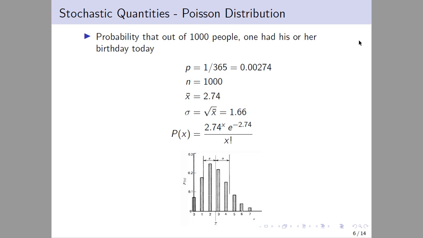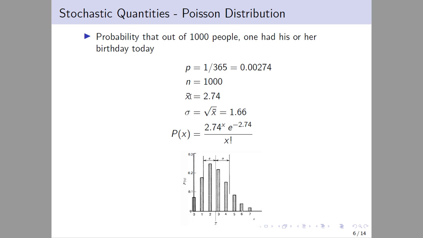These are the examples. You see that we have 100 people. How many persons have their birthday today? The probability is 1 over 365, which is 0.0027. The number of counting experiments is 1000, so n equals 1000.